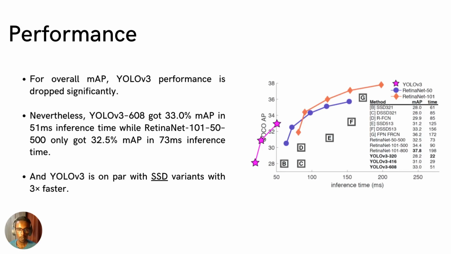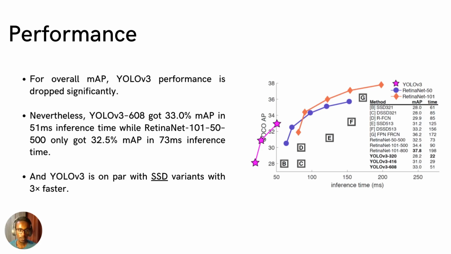Finally, let's take a look at the performance of the YOLOv3 model. Overall, in terms of mean average precision, YOLOv3 performance has dropped significantly. As we can see on the graph, we compare YOLOv3 with other architectures that were released at the same time, RetinaNet and SSD.